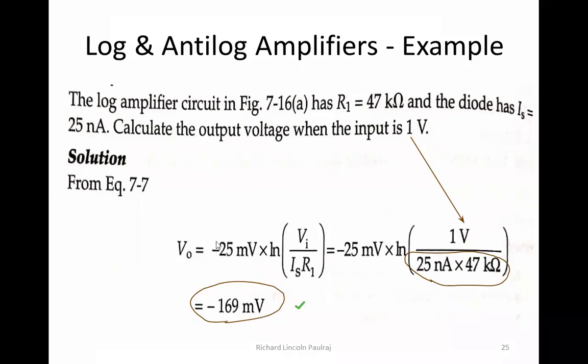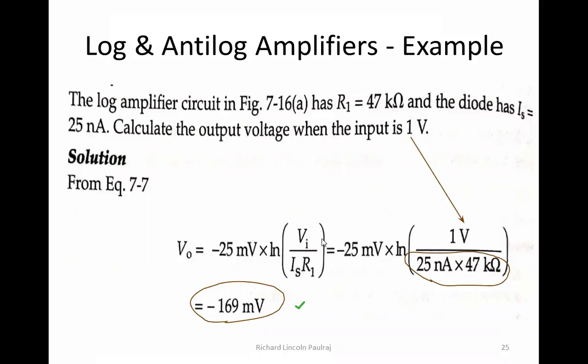So ultimately, you should remember the formula, right? Most of the things will actually be given in the questions. Based on the question, you will get to know which parameters are in your formula. In fact, the question gives you a lot of clues. So you know that R1 is supposed to be in your formula, IS is supposed to be in your formula, and the input voltage is also supposed to be in your formula.